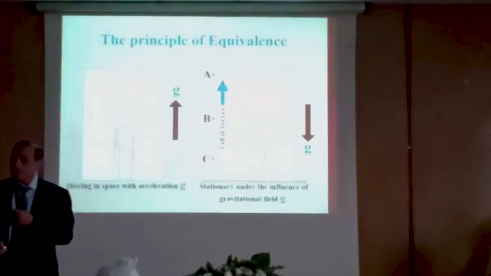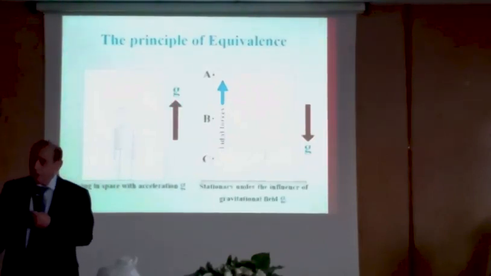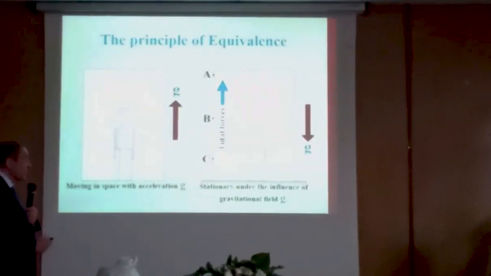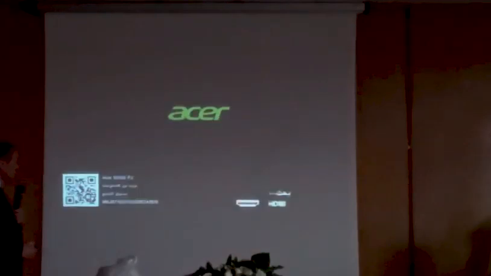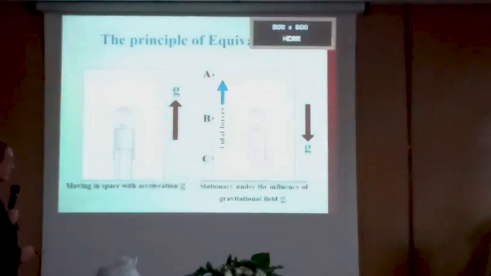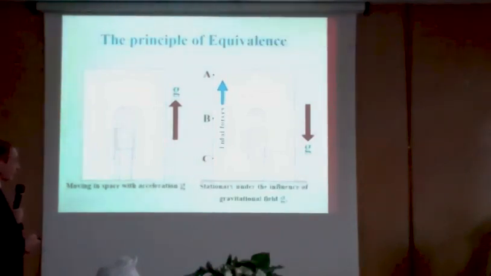However, there is one important problem with this. What is the difference between here and there? You can see I just put points A, B, C, and this is the ground.